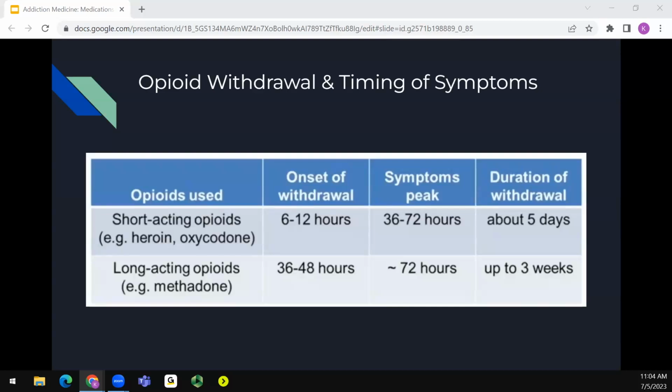With short-acting opioids, withdrawal can begin within 6 to 12 hours, peak at day 2 to 3, and can last about 5 days, whereas with methadone, symptoms can onset at around the beginning of day 2 or 3, peak at around day 4, and can last up to 3 weeks. But this is obviously a large variation. You can have people getting mild symptoms of methadone withdrawal within a day.